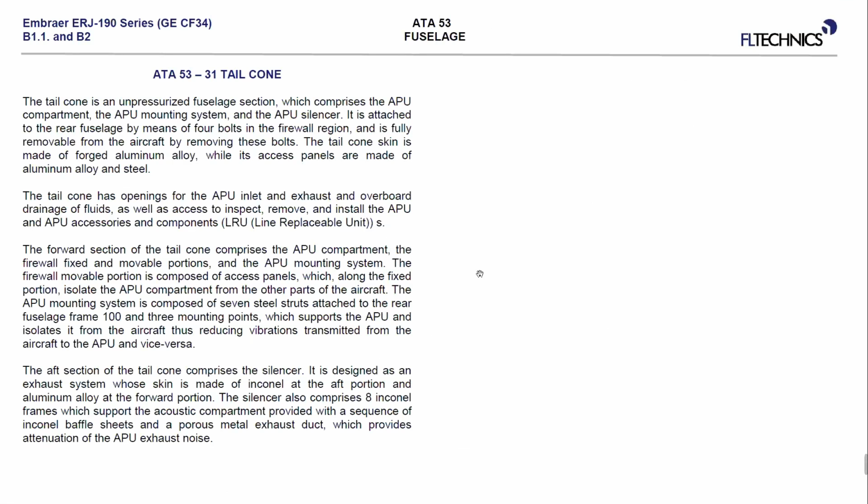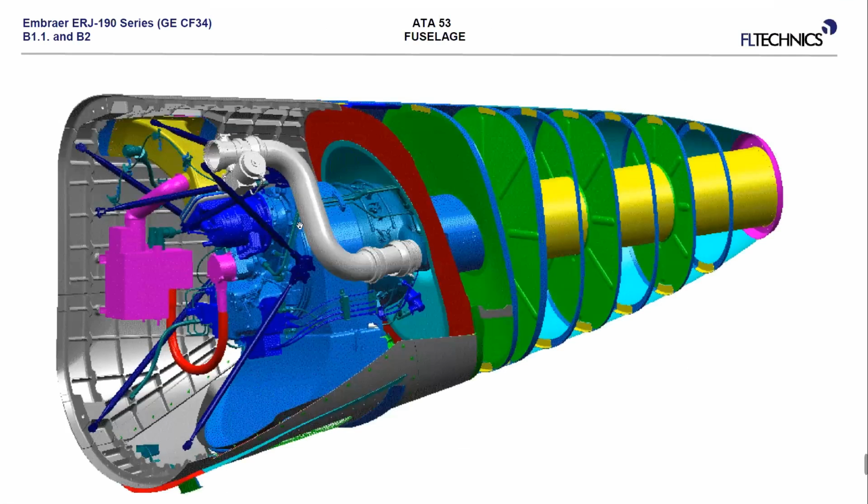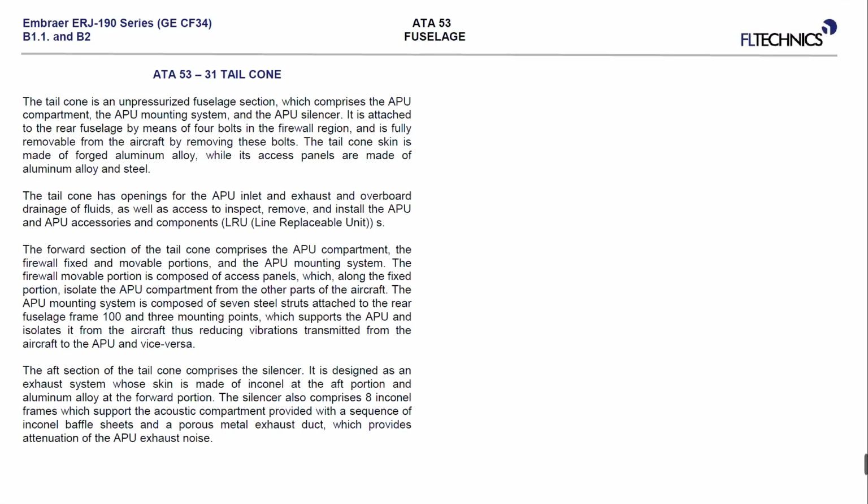When you talk about the tail cone, again unpressurized section, and we have the APU there. The APU is located here in this tail cone section. There's something specific because this tail cone section has 4 bolts and can be removed.